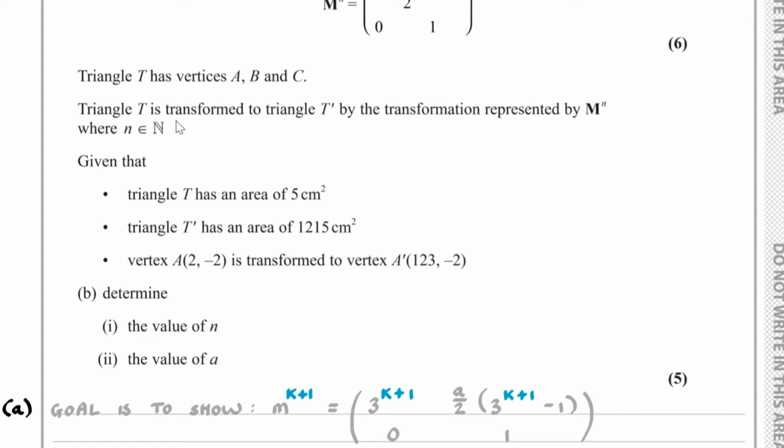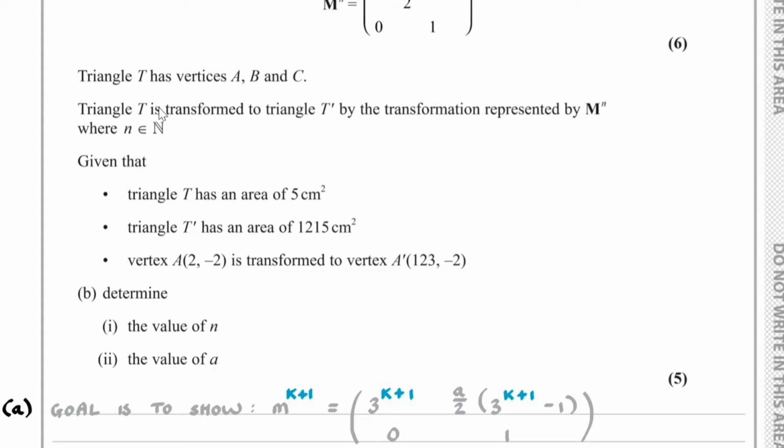For part B of the question, triangle T has vertices A, B and C. Triangle T is transformed to triangle T dash by the transformation represented by m to the n, where n belongs to the set of natural numbers. Given that triangle T has an area of 5 cm squared and triangle T dash has an area of 1215 cm squared, and the vertex A, (2, minus 2), is transformed to the vertex A dash, (123, minus 2), we have to determine the value of n and the value of a.